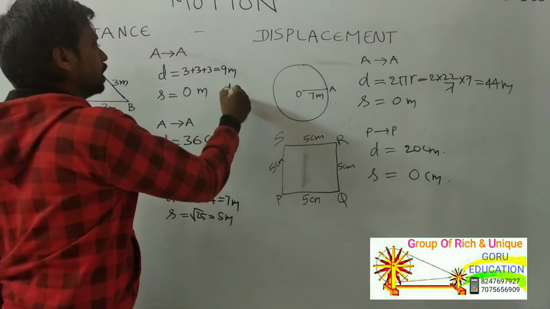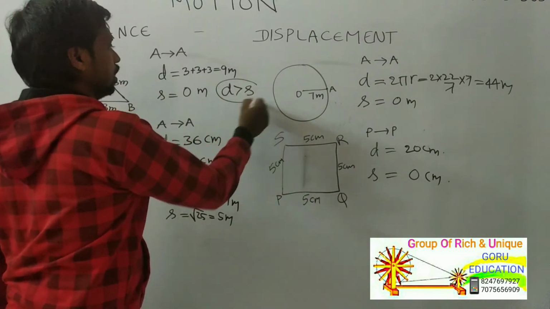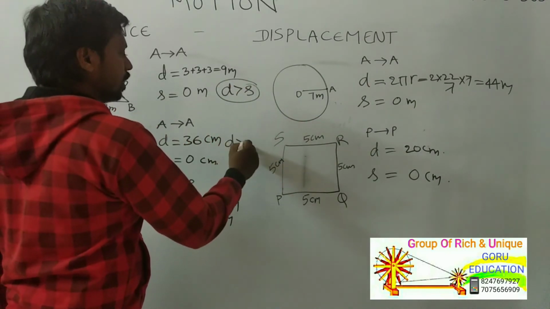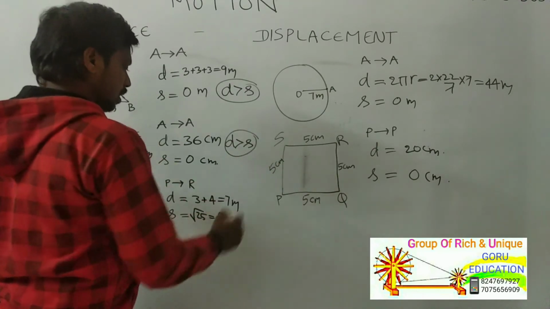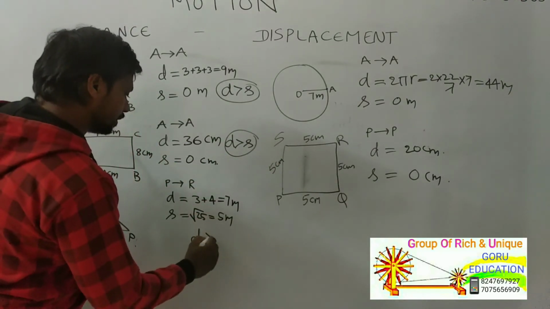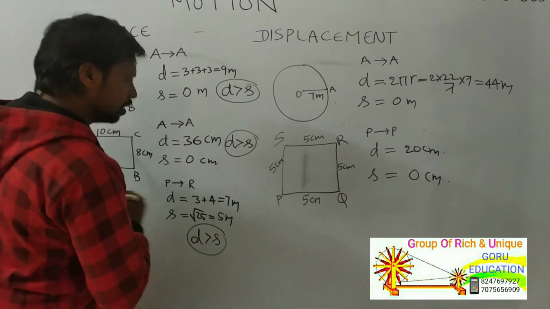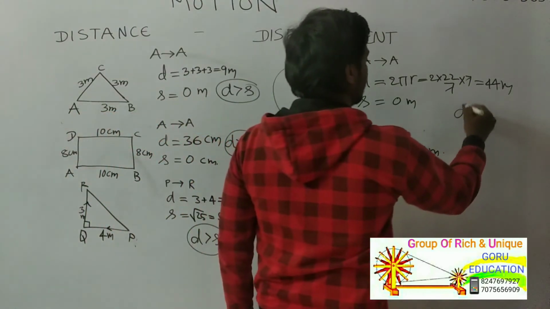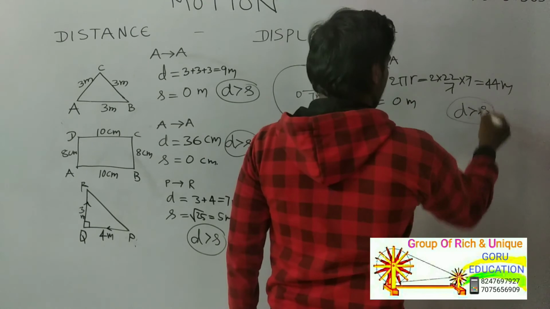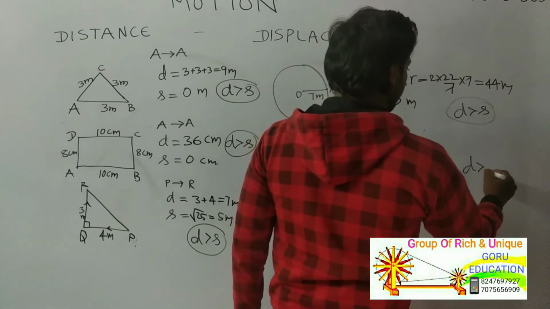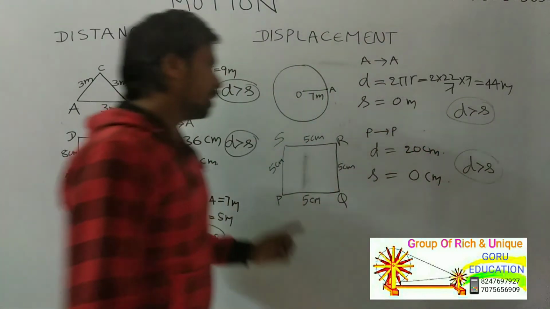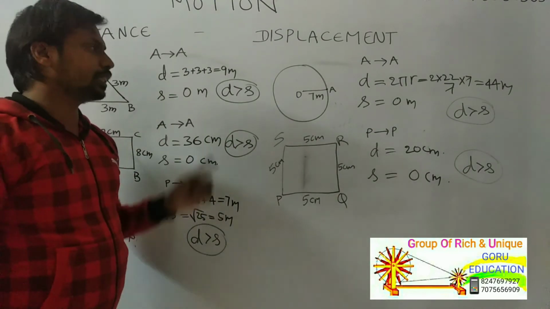Here d is greater than s. Here also d is greater than s. Here also, and here also. So all cases use only one case: d is greater than s.